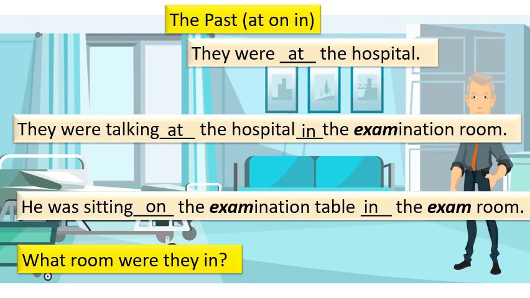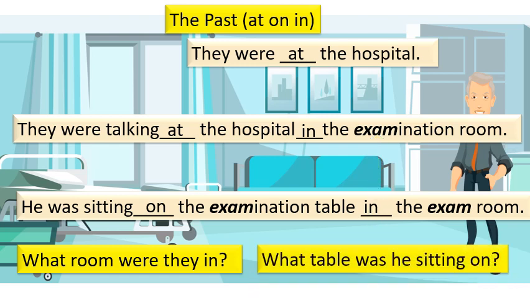The answer? The examination room. What table was he sitting on? The answer? The examination table.